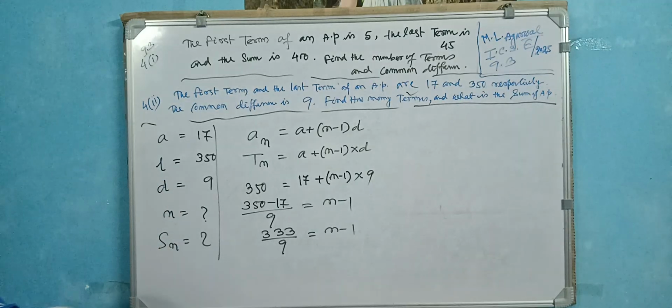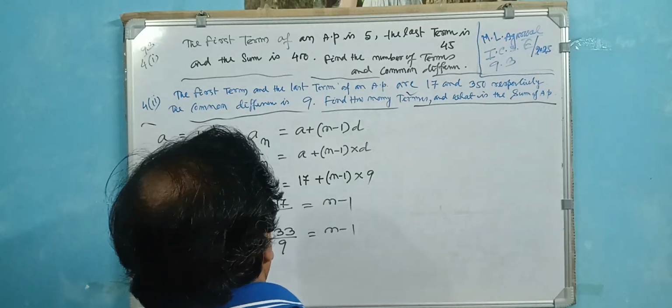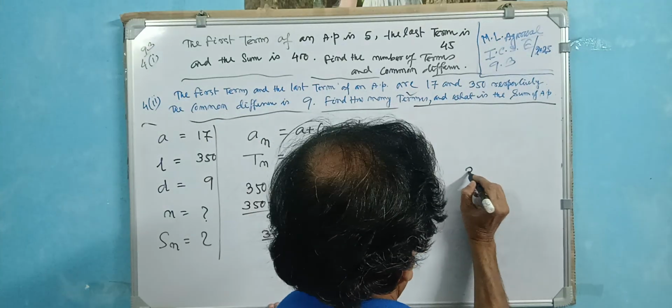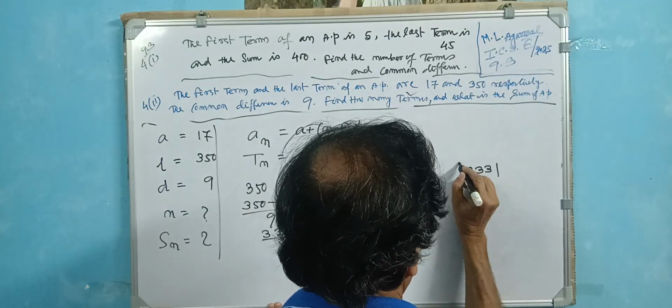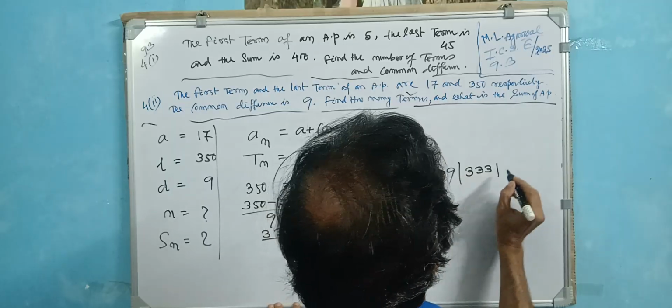333 divided by 9 is equal to n minus 1. You just divide 333 by 9.